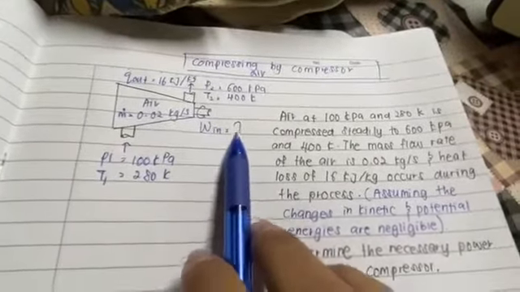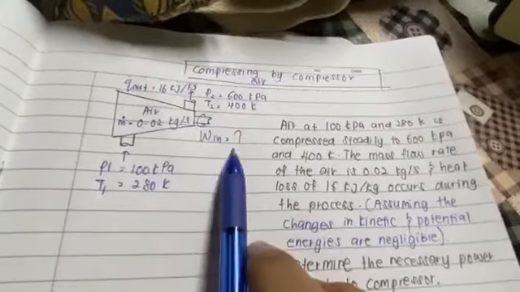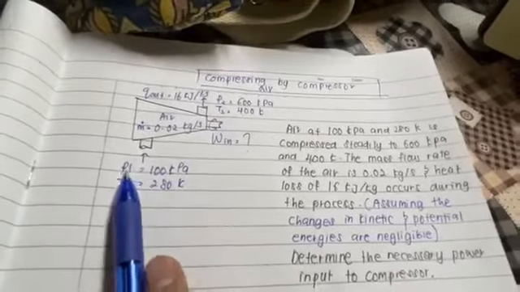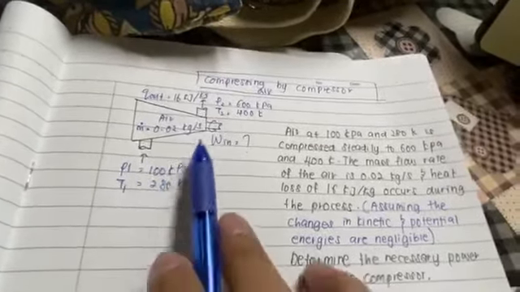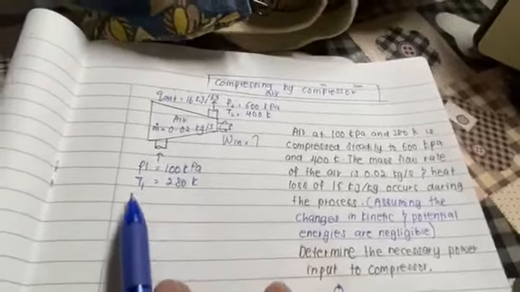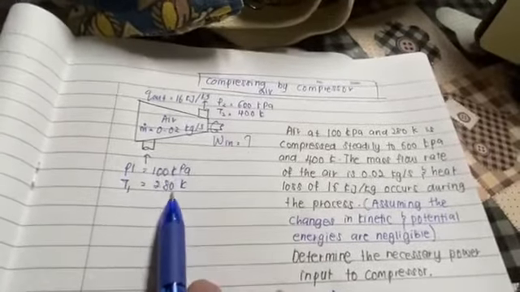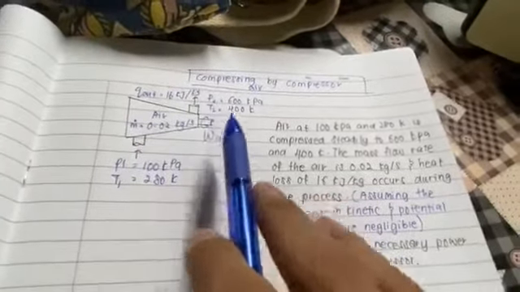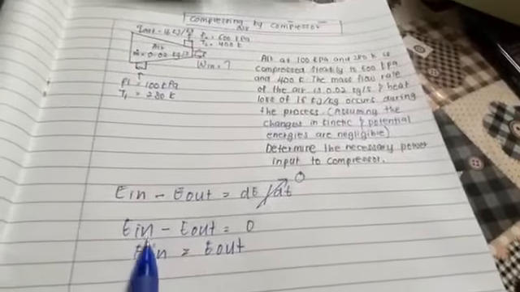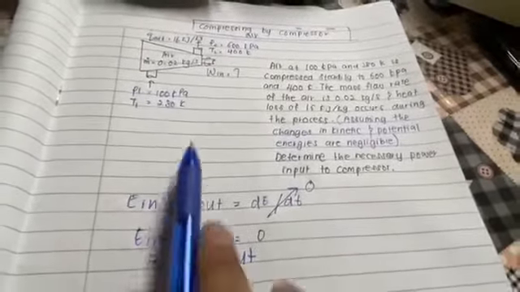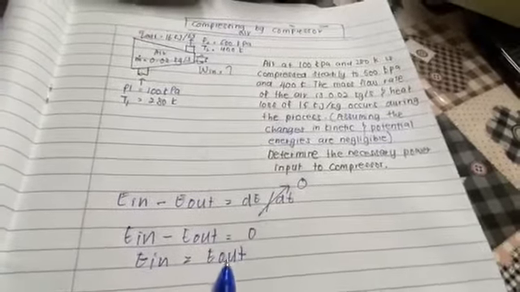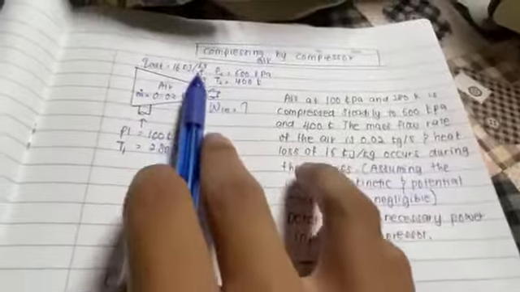We don't know the value yet, but we have the example that may help us solve these problems, where P1 equal 100 and the temperature is given, Q out. So we don't know about W in, so we have to follow this equation for the in and the out.